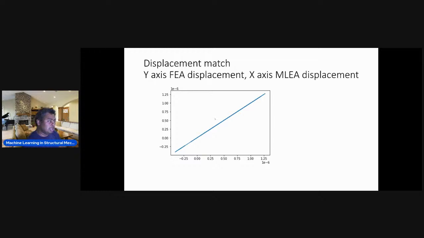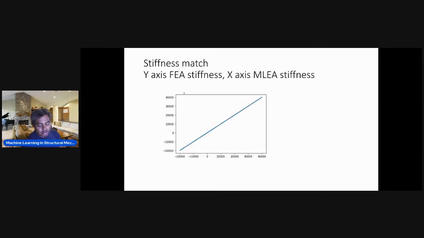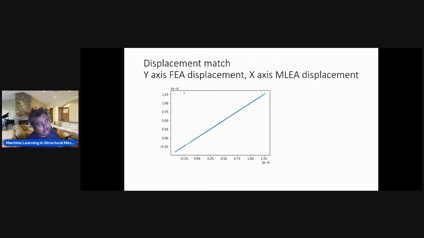Even if the stiffness matrix has a certain mismatch which we cannot see through the naked eye, if we keep the boundary conditions in the finite element case and the machine learning case exactly equal to one another, we should get the same result, and that's what we are seeing here.